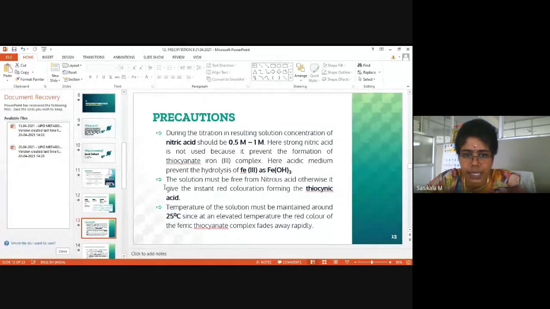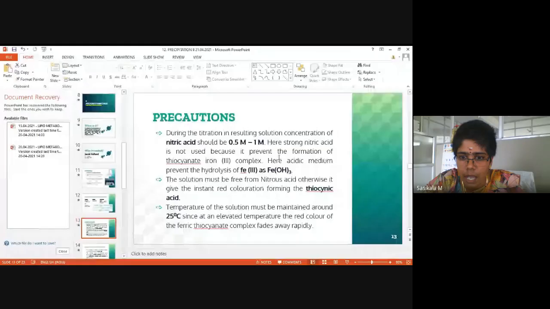Here the acidic medium prevents hydrolysis. Why do we need to add this nitric acid? Why do we need to maintain an acidic medium? It prevents the hydrolysis of ferric ion as ferric hydroxide. Ferric ammonium sulfate is there, and it should not hydrolyze to ferric hydroxide.